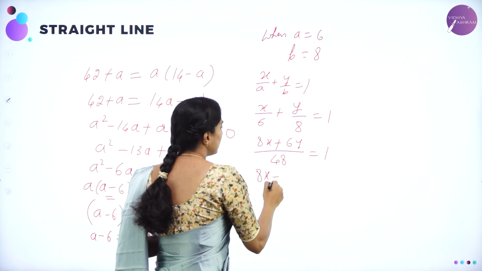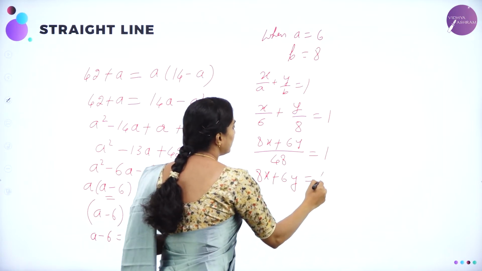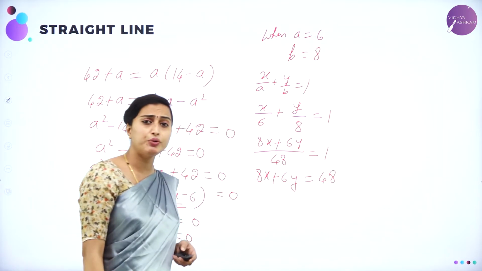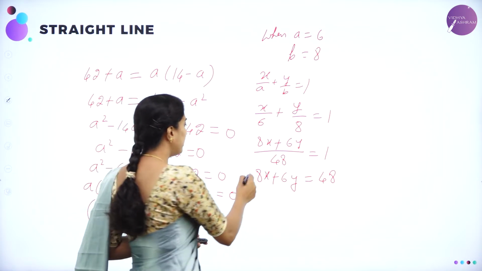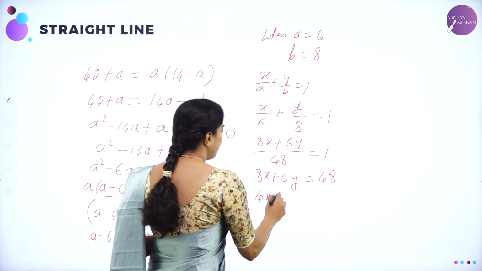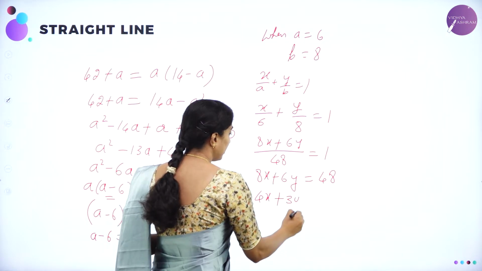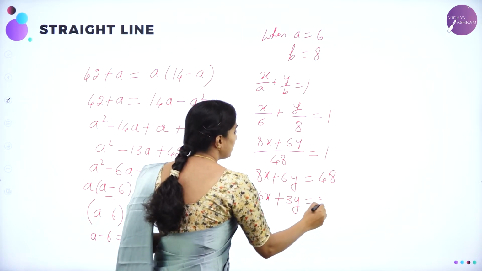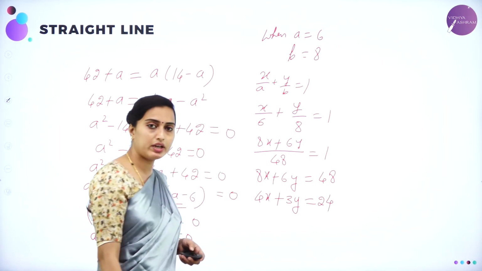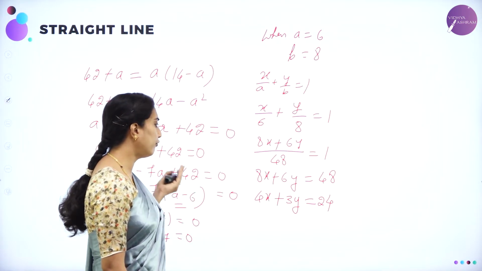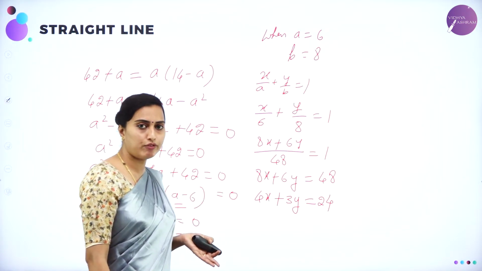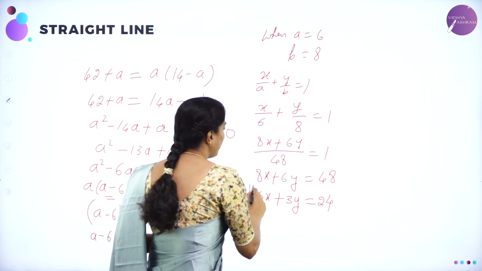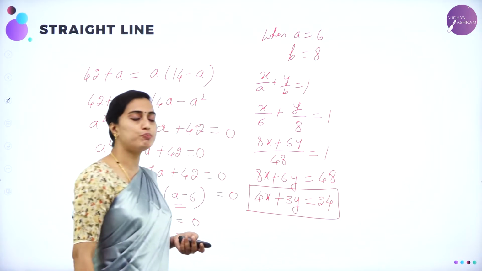Otherwise, 8x plus 6y is equal to 48. You can divide throughout by 2, which will be 4x plus 3y is equal to 24. Otherwise, you can have 4x plus 3y minus 24 equal to 0. This is one equation, when a is equal to 6, b is equal to 8.